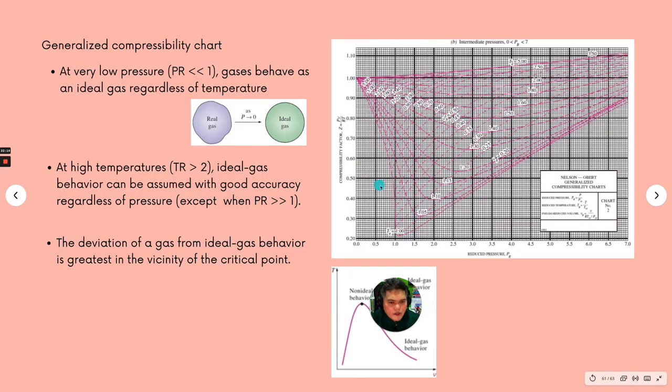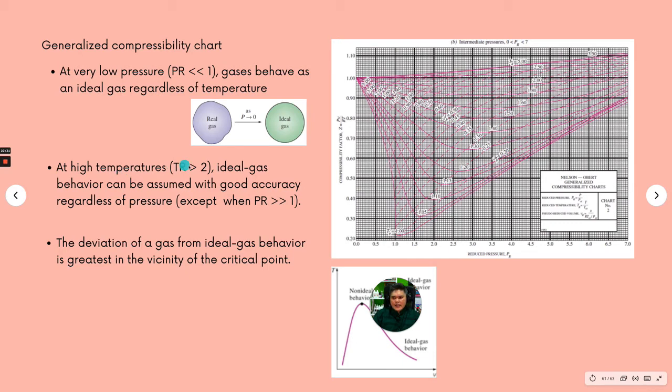But if let's say you are using a higher one, 0 less than PR less than 7, then you need to use a different graph. Okay, so at a very low pressure, gases behave as an ideal gas regardless of temperature, as I mentioned earlier. Low pressure and very high temperature.